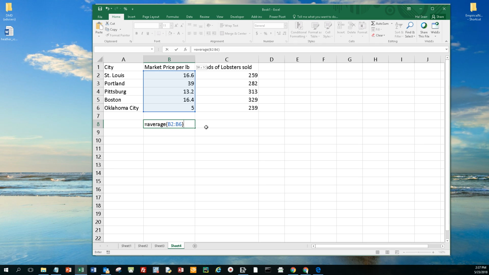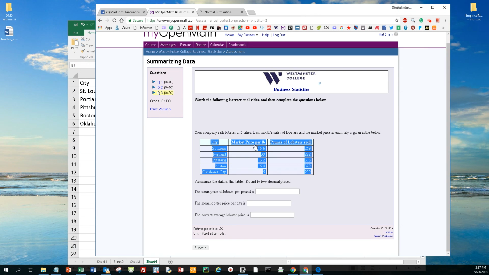And that is an incorrect average. The incorrect average is $18.04. We'll copy that in here. The mean price of lobster per pound. The mean lobster price per city is $18.04.